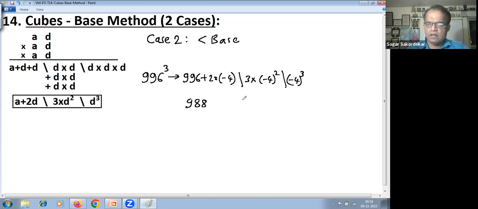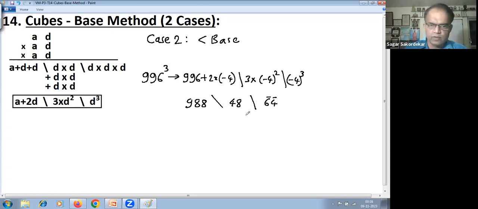This is minus 4 square, which is 16. 16 into 3 is 48. And this one, 4 cube is 64, but we'll have to write minus 64. The cube of a negative digit is always negative.